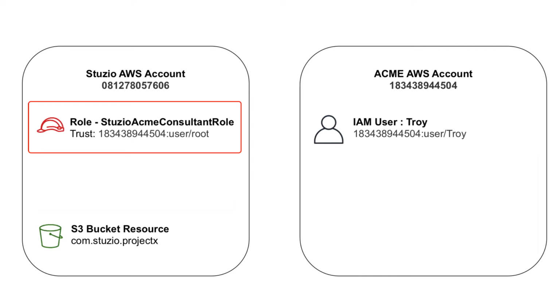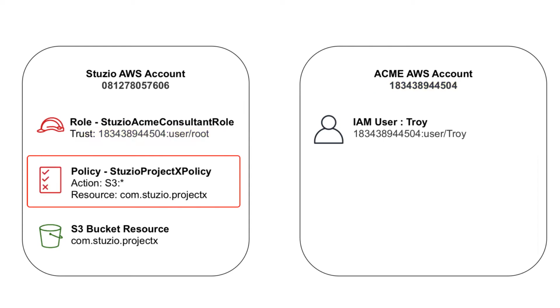First, on the Studio account, we're going to set up a role called Studio Acme Consultant role. This is the role that Troy will assume to get access to the Project X resources. One of the things that Studio Acme Consultant role will have is a trust relationship. Namely, it'll trust the users coming from Acme account.